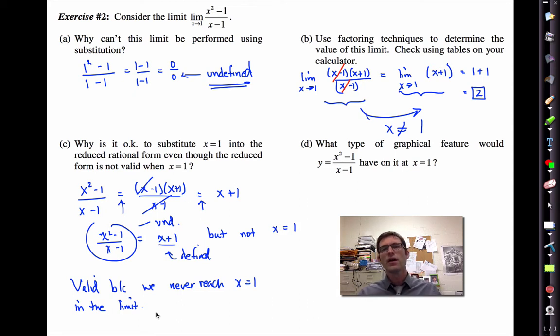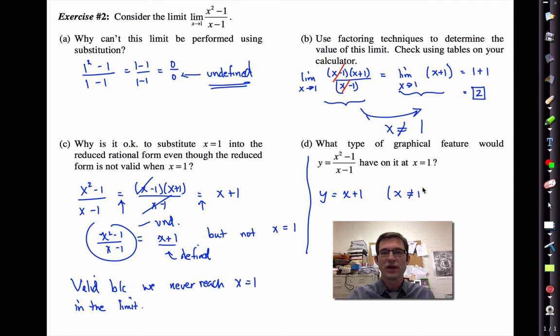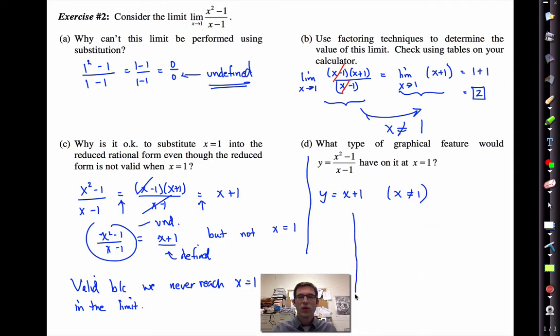Finally, letter D. What type of graphical feature would this have when x is 1? Well, think about it. This function and this function are identical, except this function just doesn't exist when x is 1, right? So what we have is a nice line, but right at x equals 1, it simply doesn't exist.